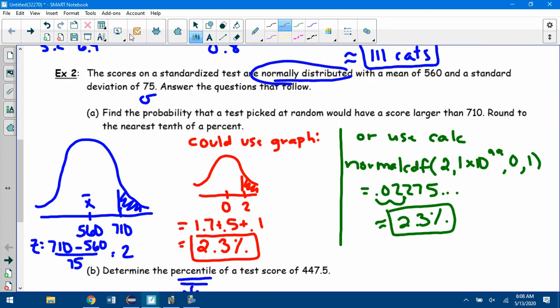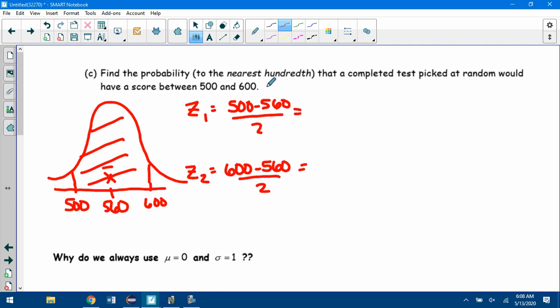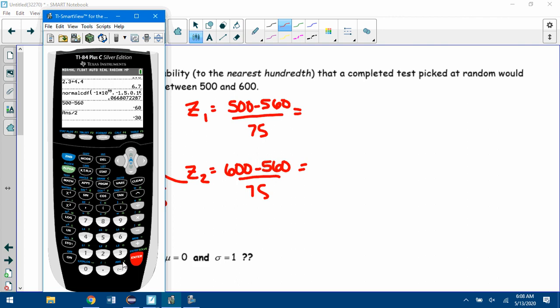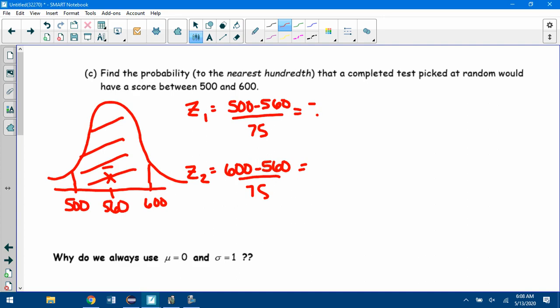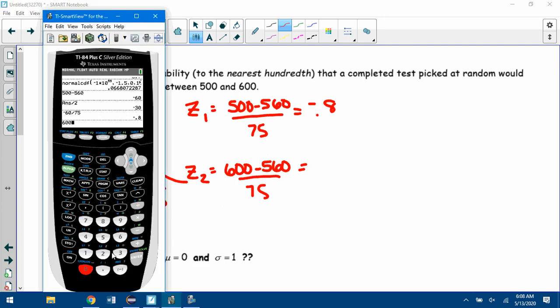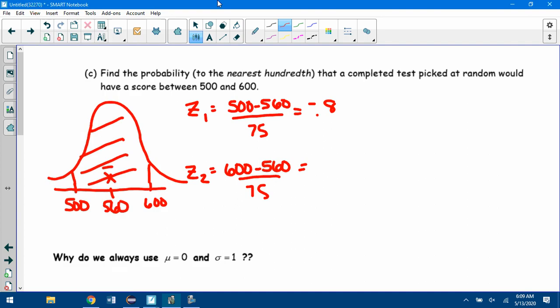What was the standard deviation? 75. Sorry about that. Went crazy for a second. But I'm back. Okay. So negative 60 divided by 75. This lower one is going to end up being negative 0.8. And my upper z-score, 600 minus 560, that's 40, divided by 75 is 0.53 repeating.